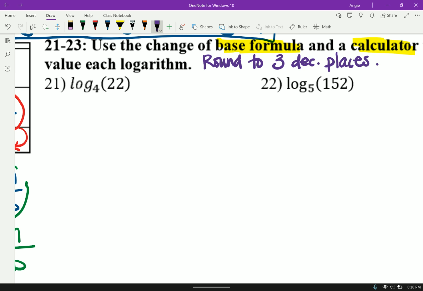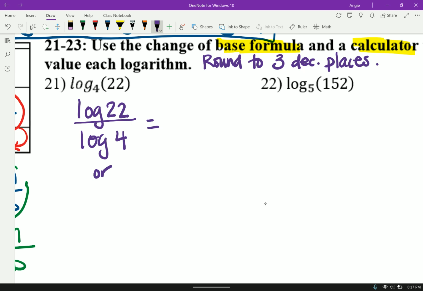Log base 4 of 22. To use the change of base formula, students, we can do it 2 ways. We can use log base 10, which you are not going to see any base written because it's a common base. So we're going to write log of 22 divided by log of 4.